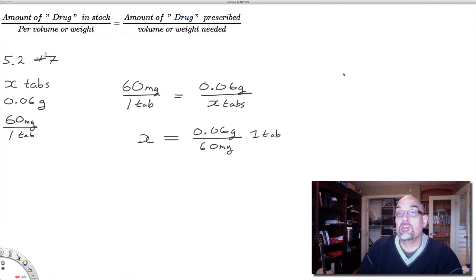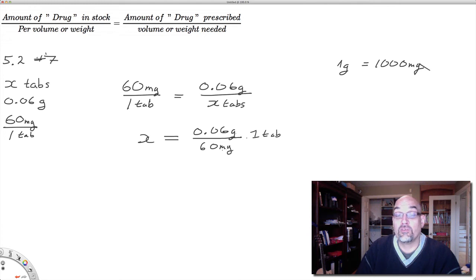Now we know that 1 gram is equal to 1,000 milligrams. For the sake of doing a conversion, I can either just replace with grams or milligrams using this formula, but what I like to do is actually do my conversion in line.